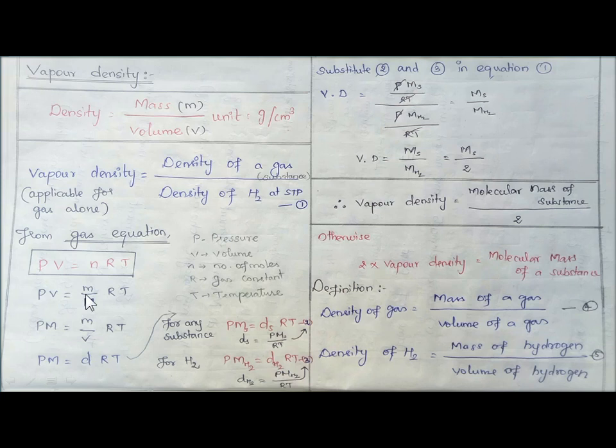Now PV is equal to small m by capital M into R into T. Now we can interchange this V and this molecular mass. So PM is equal to m by V RT. What we have seen, m by V is nothing but density. So instead of this m by V, we are going to substitute density. So P into M is equal to d into RT.